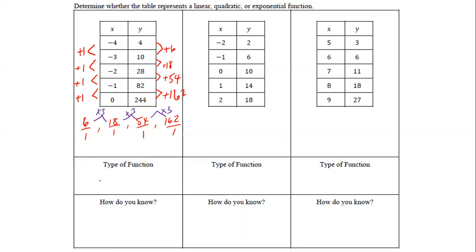It is exponential, because we have a constant ratio, meaning that there's something I'm multiplying by consistently between the differences.